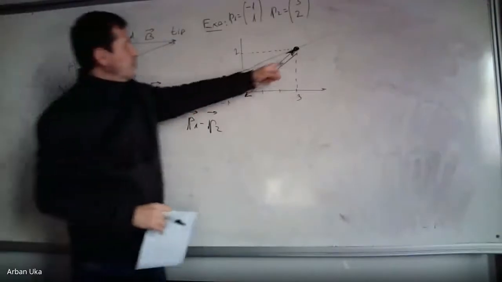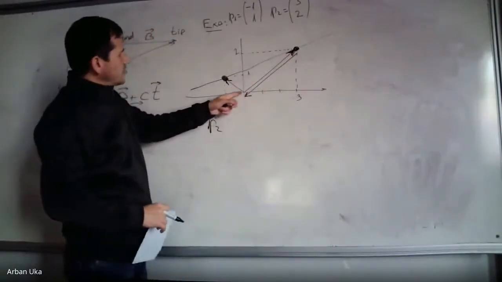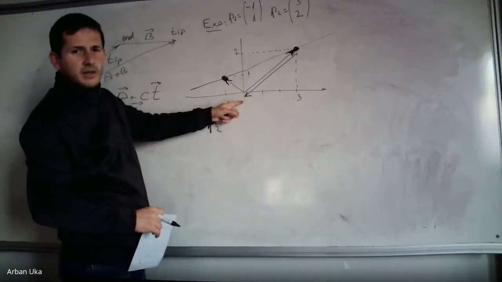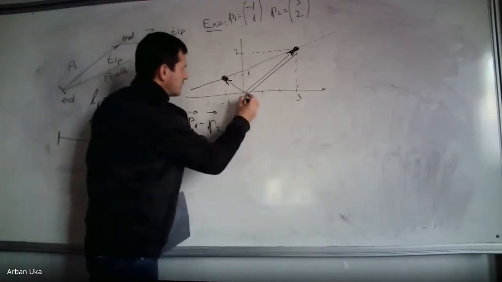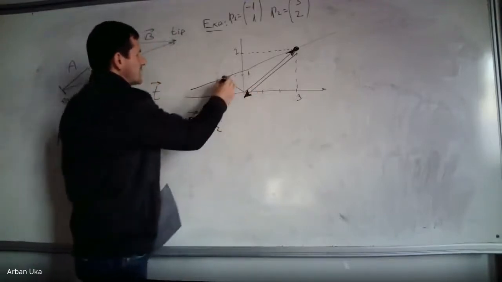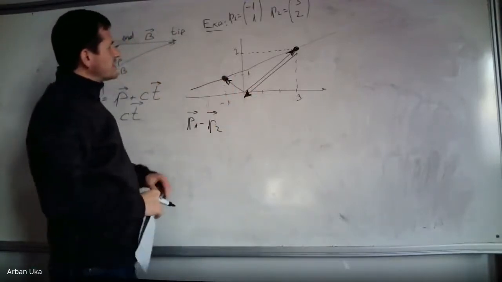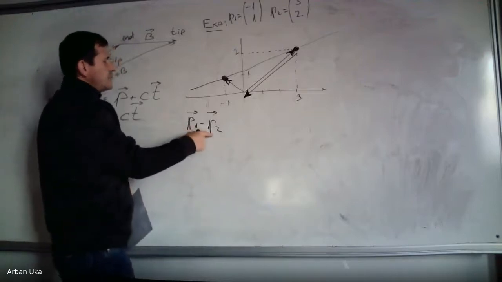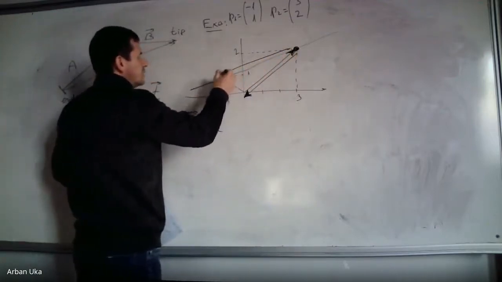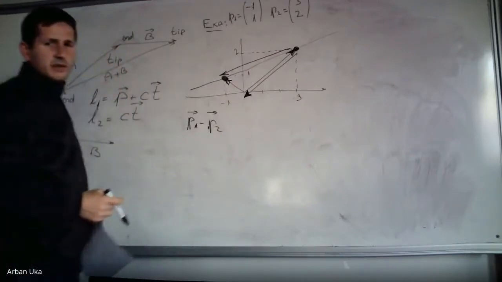We start from the first one, we go to the tip, then we put the end of the second vector at the tip of the first one. I hope you can see this clearly. So in principle, P1 minus P2 is this vector, which is over this line.